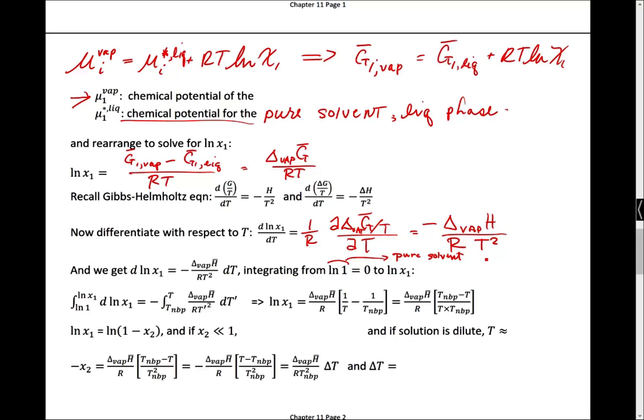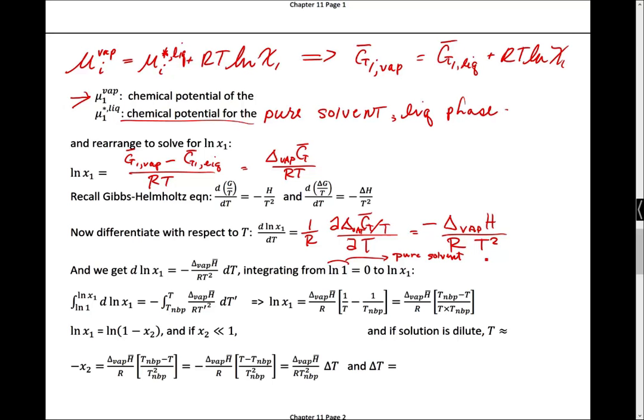So that gets me the left side of this equation. And then on the right side, we're going to integrate temperature, and this is going to be from the normal boiling point of the pure solvent to whatever the boiling point is of our mixture. Does that make sense?